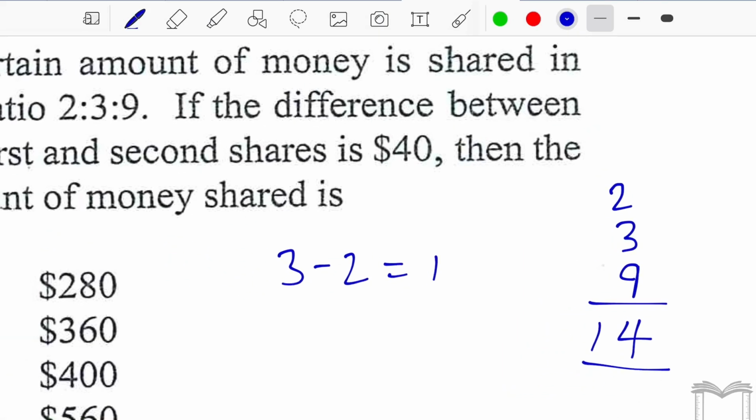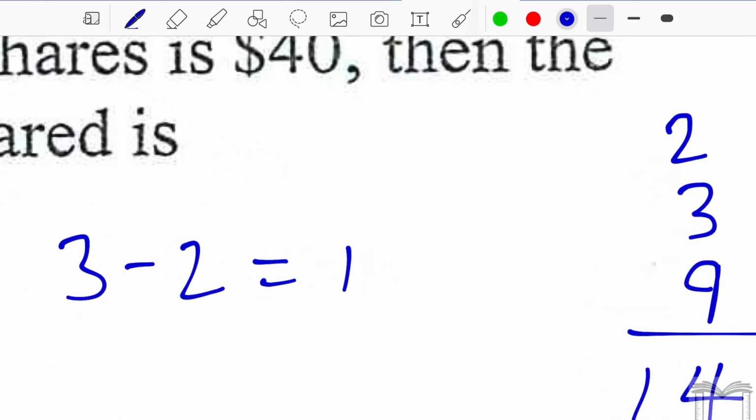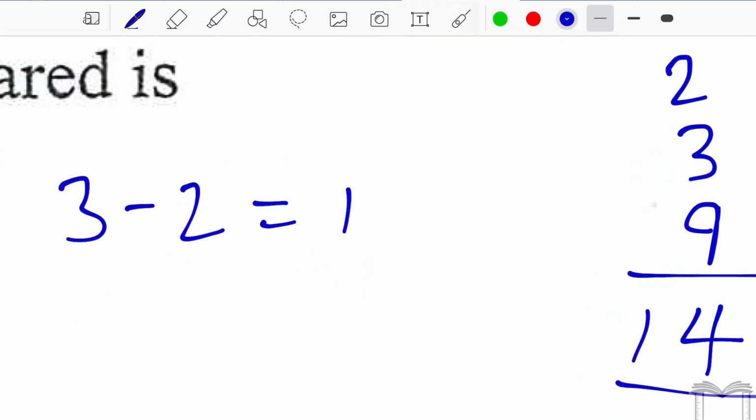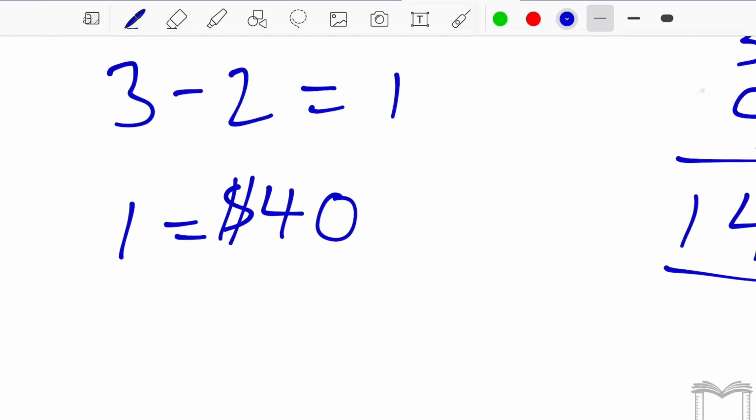And they're telling us that the difference between the first and the second, which again is 1 part, is 40. So we can write out 1 part is equal to $40. This is 1 part out of 14 parts, so 1/14 is equal to $40.